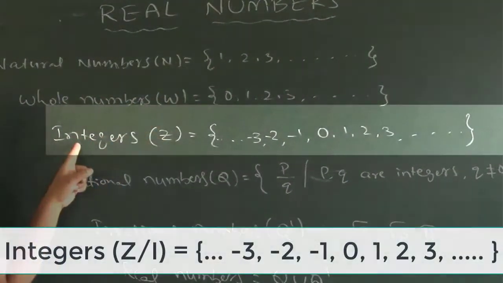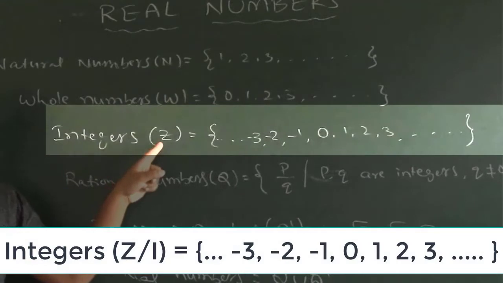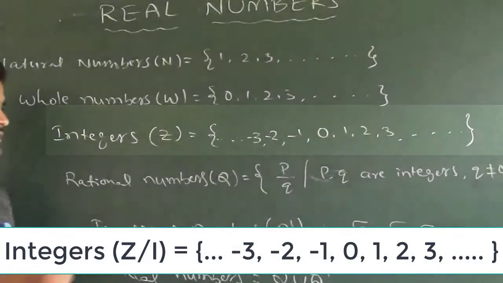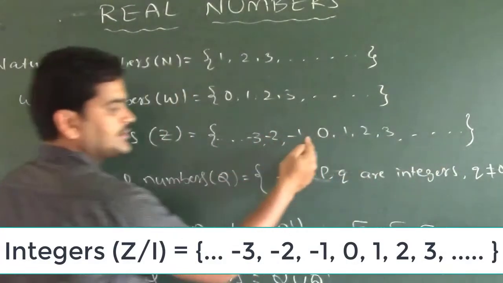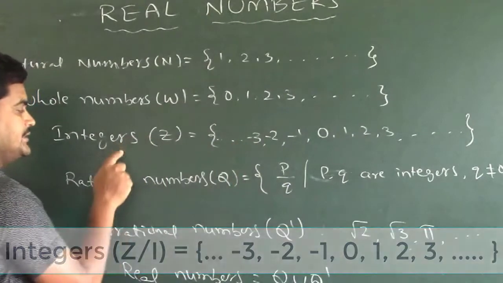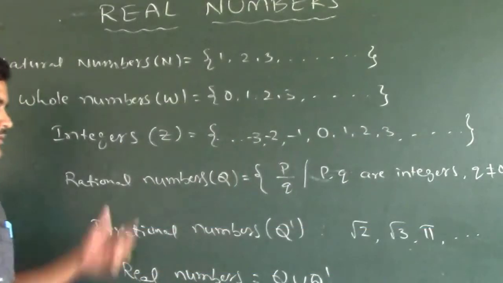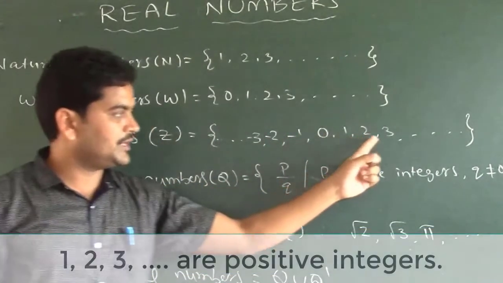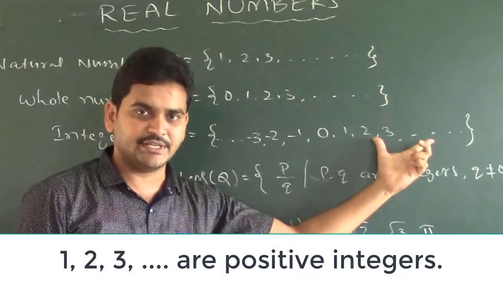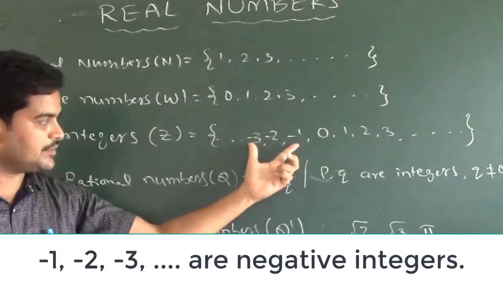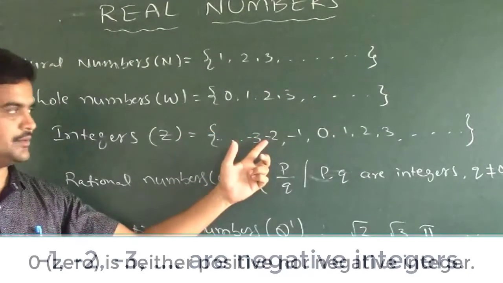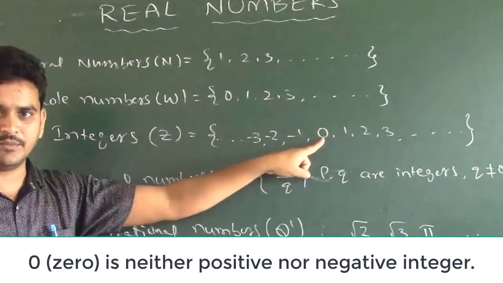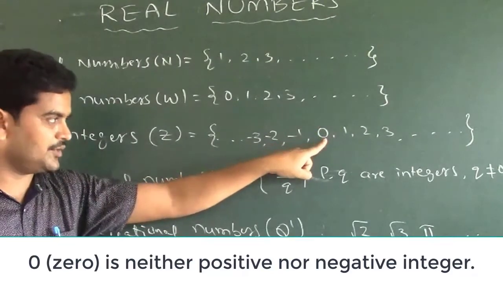Next, integers. Integers are denoted by Z, or capital I. In these integers, 0, 1, 2, 3 and so on, and also negative numbers are present. Here 1, 2, 3 are called positive integers, and minus 1, minus 2, minus 3 are called negative integers. 0 is neither a positive integer nor a negative integer.